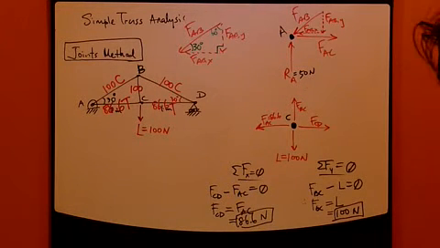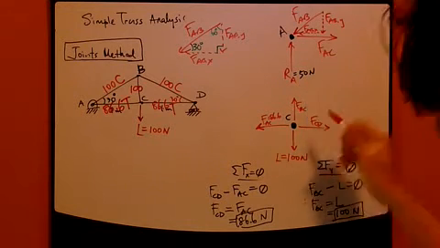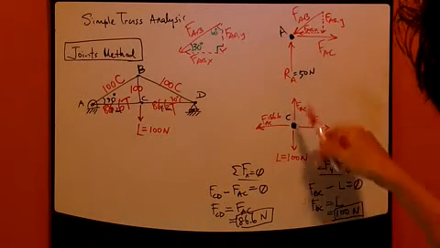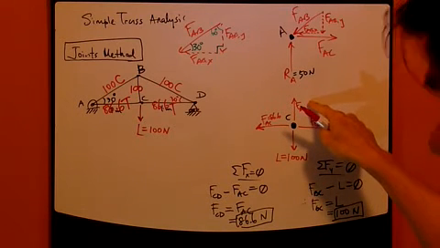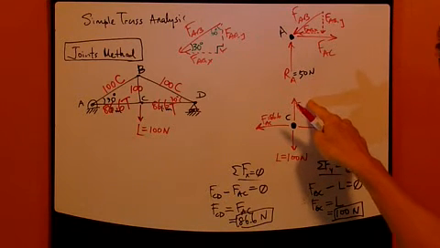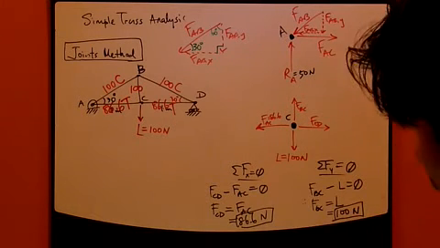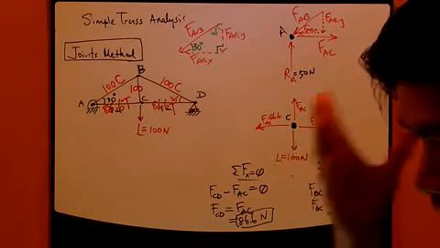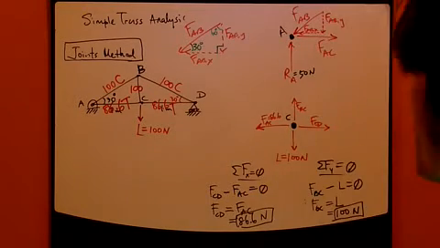However, is it compression or tension? This FBC pointing upward, away from the joint, does that represent a compression or tension force? Use the same method, Newton's third law. If you still can't visualize it in your head, draw it out. Draw the actual member.